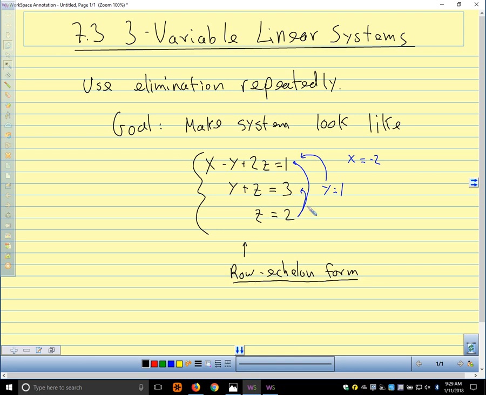And just one little detail: technically in row echelon form, there's no coefficient on the z. We can still get the solution if there's a coefficient on the z, but in row echelon form, we have just a 1 in front of the z.